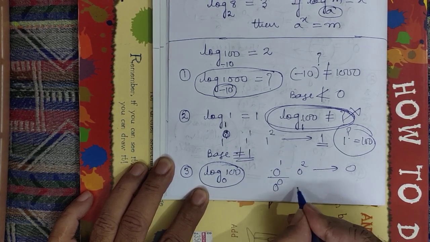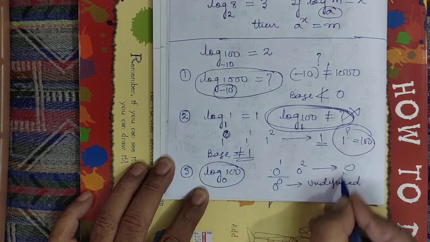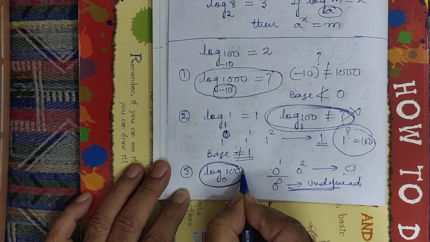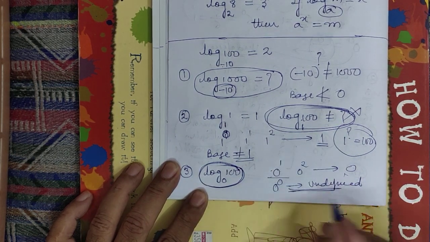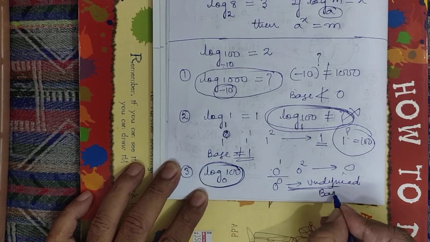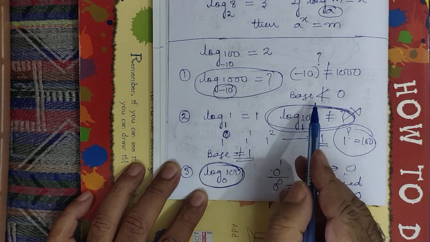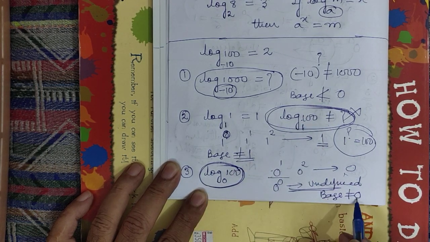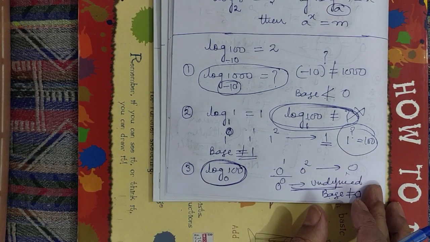And 0 to the power 0 is definitely undefined. I already explained this in the beginning. Hence, this value is again not possible. So this base cannot be 0 also. It cannot be less than 0, it cannot be 1. The only option left is that the base must be greater than 0.